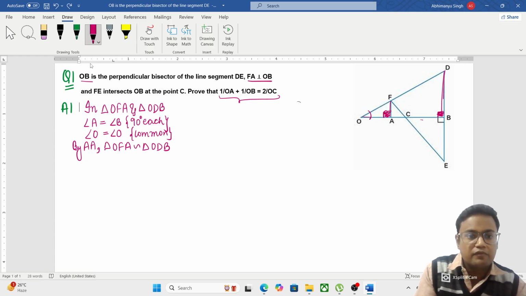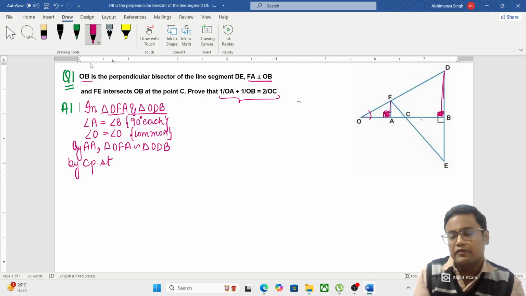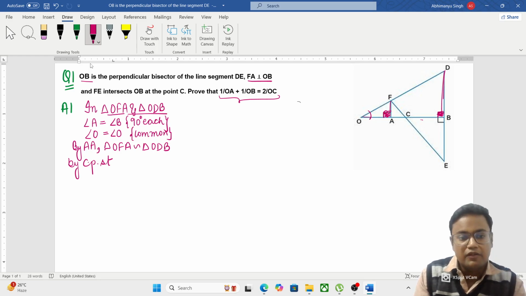Now, by corresponding parts of similar triangles. Why did I in the beginning choose these two triangles and obtain them similar? You will get to know now. See, I wanted the ratio OA upon OB to be in my picture right now. So that is how I can get the ratio OA upon OB, the corresponding ratios of the sides.